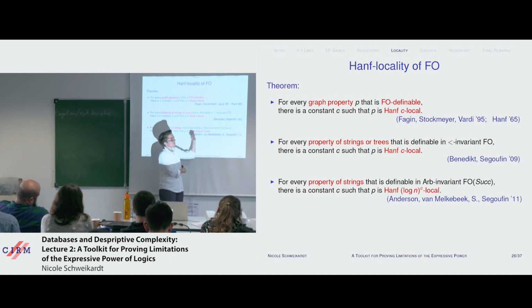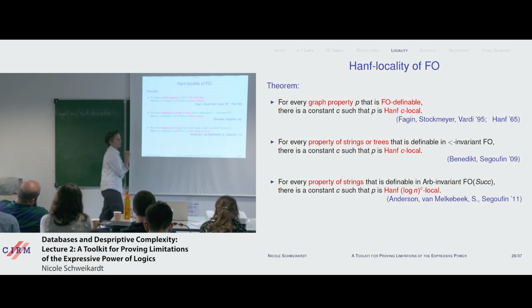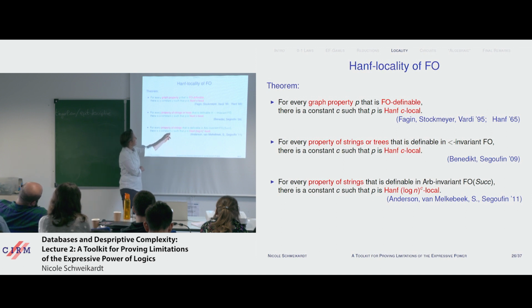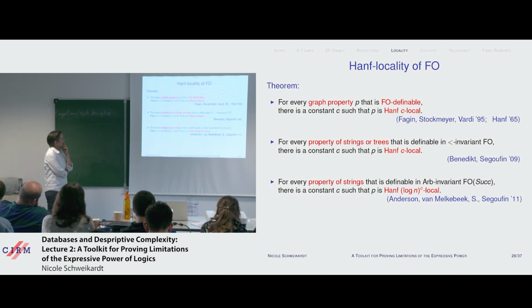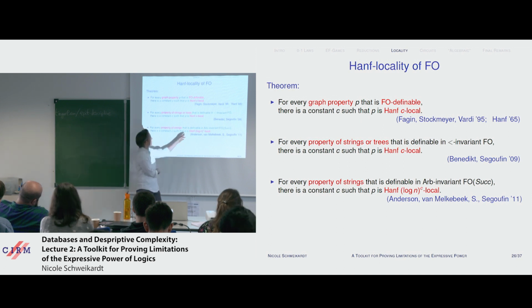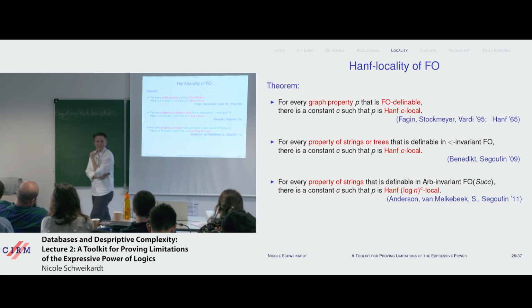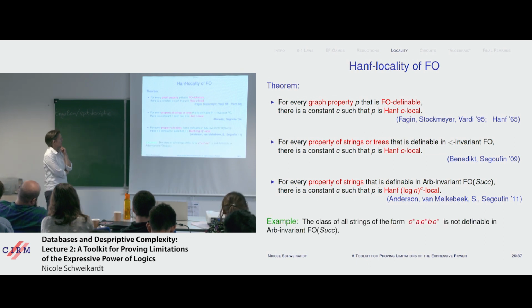But you look at arb-invariant formulas, then you can show that for every property of strings definable in arb-invariant formulas in that sense, there is a constant c such that the property is Hanf (log n)^c local. And again, it would be nice to have the same result for graphs, but that's a long way to go.